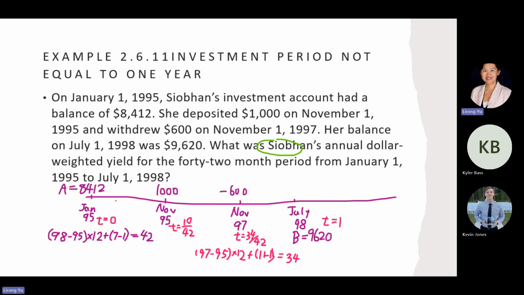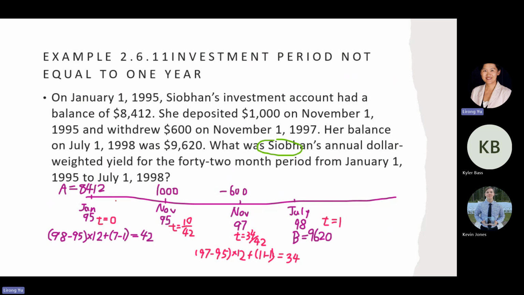All right, so we're going to look at the entire timeline. How many months has the timeline lasted? The ending balance is at July 1998.